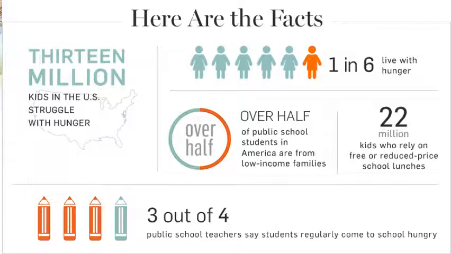Over half of public school students in America are from low-income families, which means they live under the poverty line, which is usually defined at around a household income lower than $42,000 a year. 22 million kids rely on free and reduced school lunch prices, and 3 out of 4 public school teachers say students regularly come to school hungry.